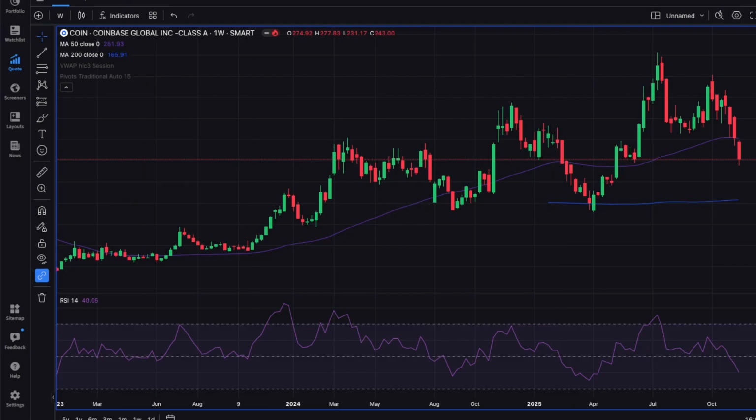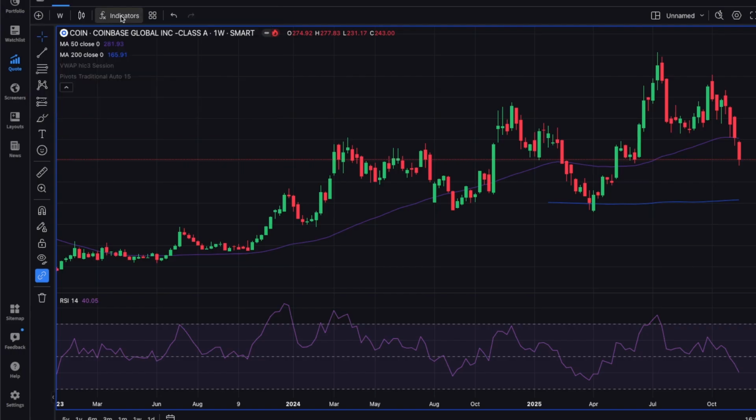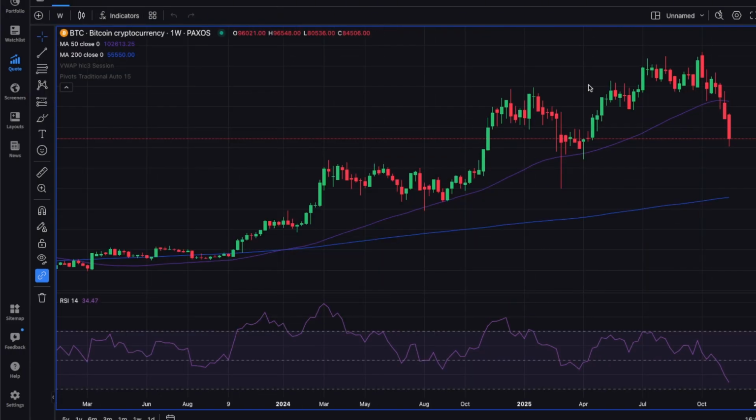If we just have a quick look at the Bitcoin price, as they tend to move together, we can get a good idea of how this is doing. So, one second, let's pull this up. The Bitcoin price on the weekly has broken through its 50-week moving average, and if we're looking at it from a trading perspective, the first support is around the 74K level.